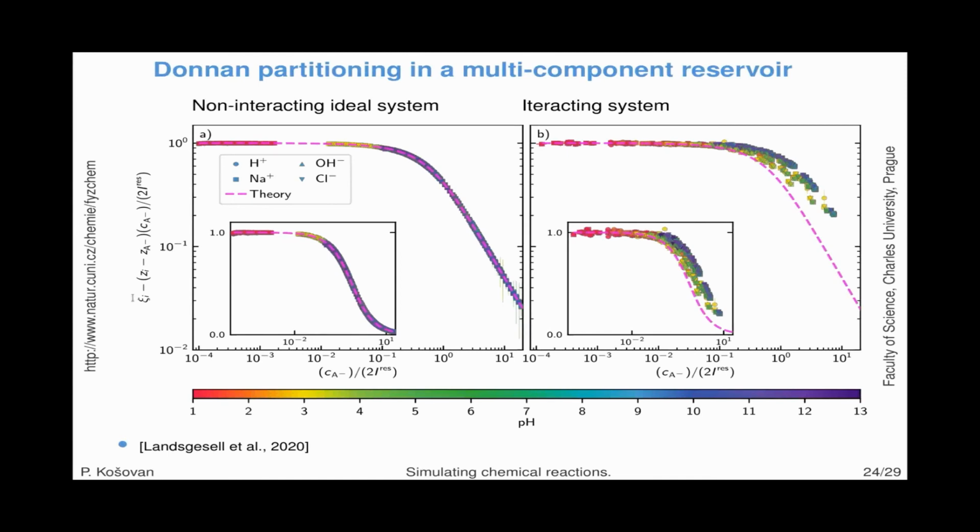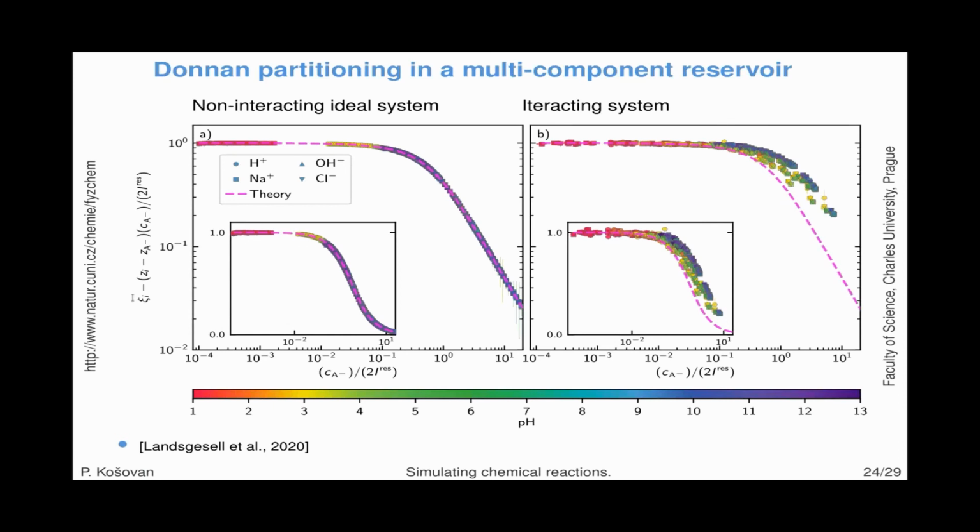And I should mention that when we first tried simulating the system, we first simulated the interacting system as the interesting case that we wanted to investigate, and we observed the deviations from the ideal Donnan behavior as one would expect, and we were happy that everything worked well.